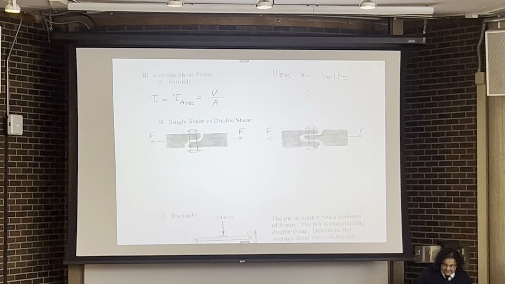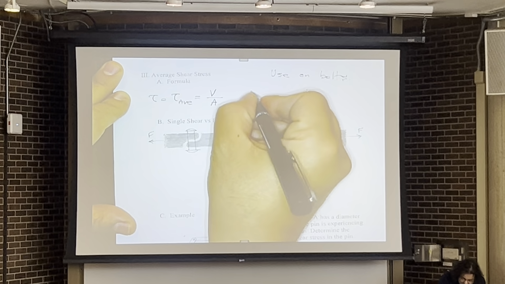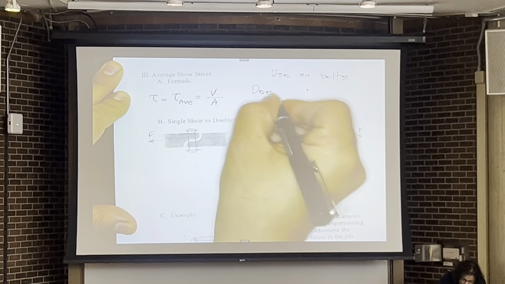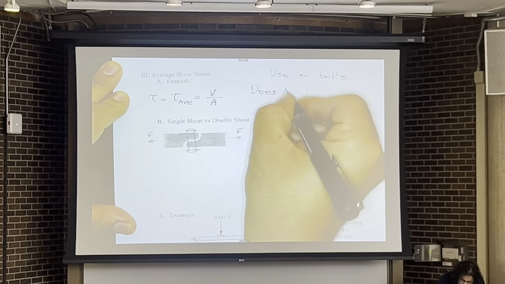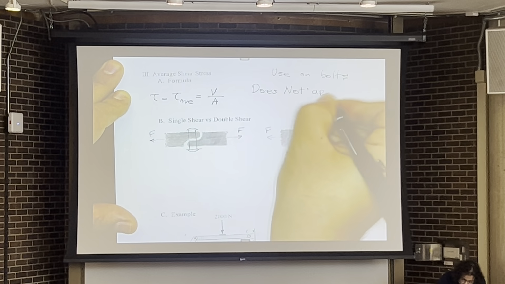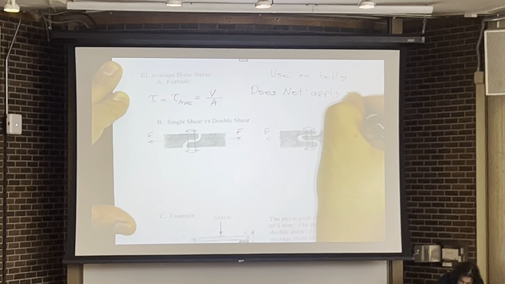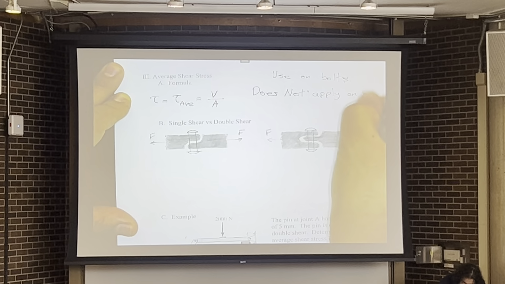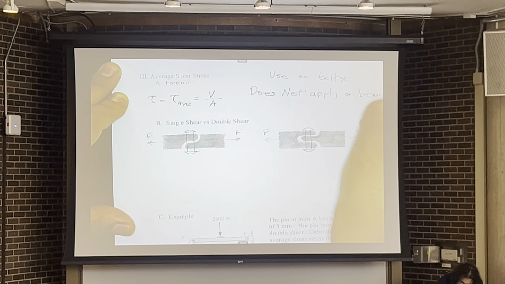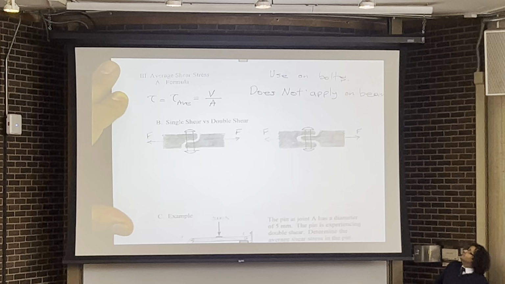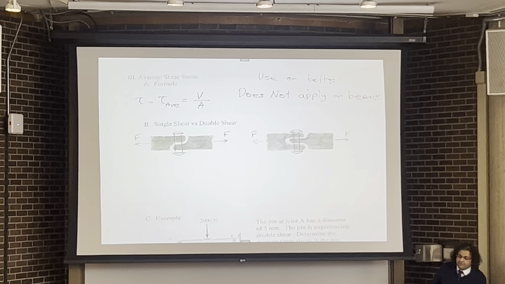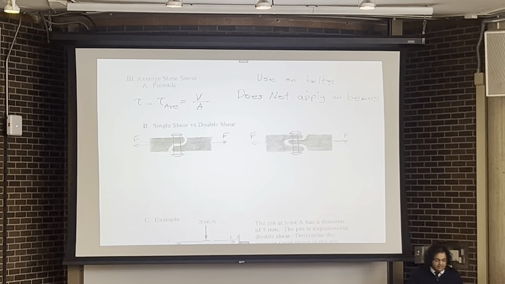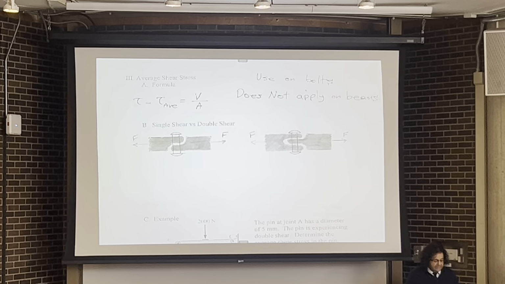So I would like to emphasize over here that this does not apply to beams. Please be careful of that. But it is okay to use it for bolts and pins.